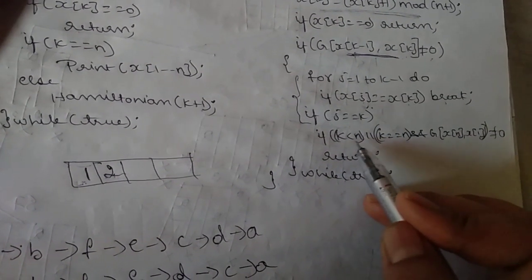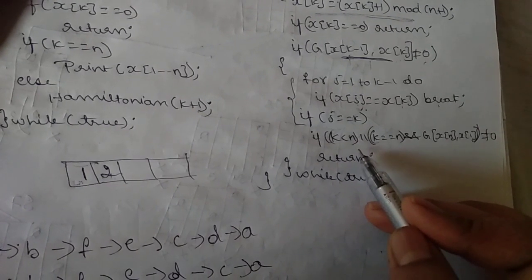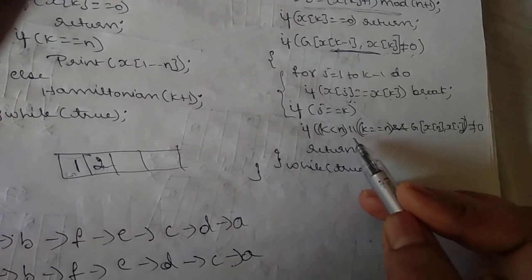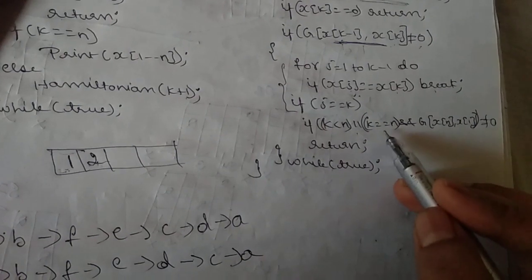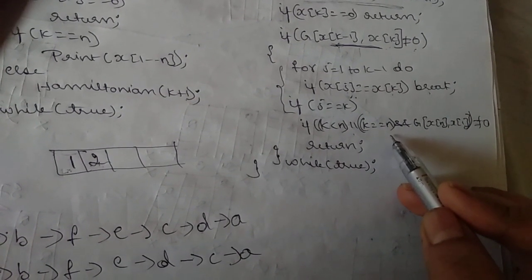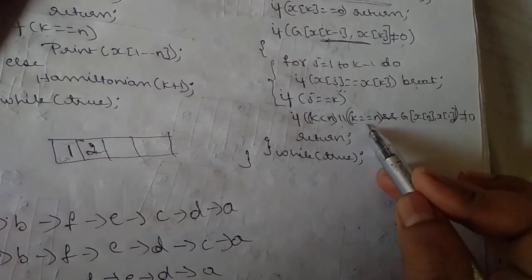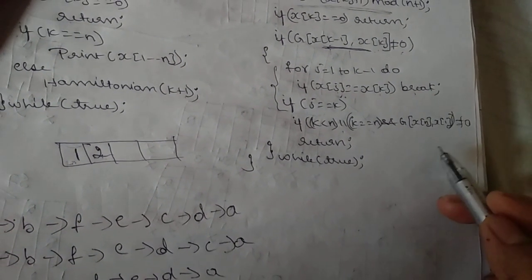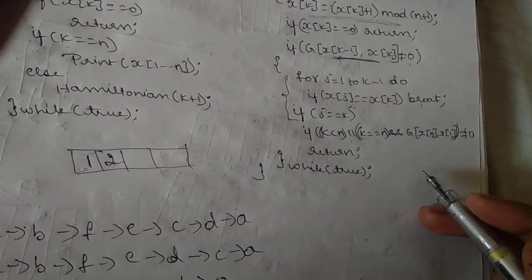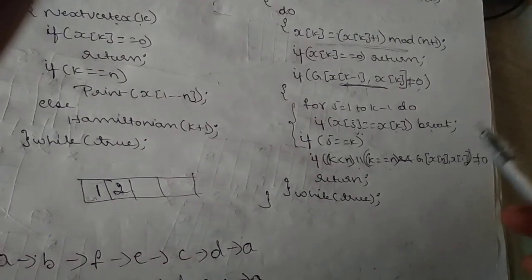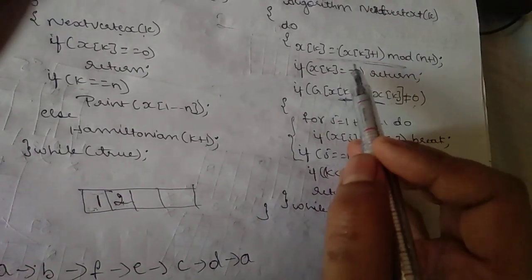If k less than n, yes, 2 is less than n. No, this condition is false. Then or k is equal to n, n is equal to 4 if you take, k is not equal to n, and if this condition is false, then this condition will be false. Is it not? Here we are just having three things.